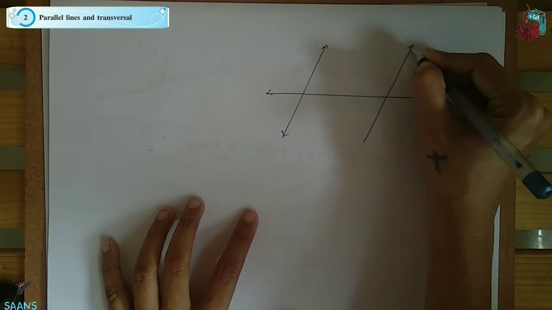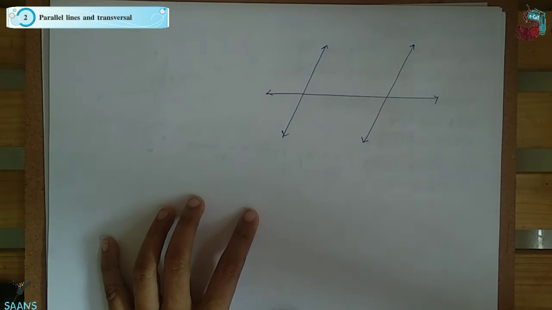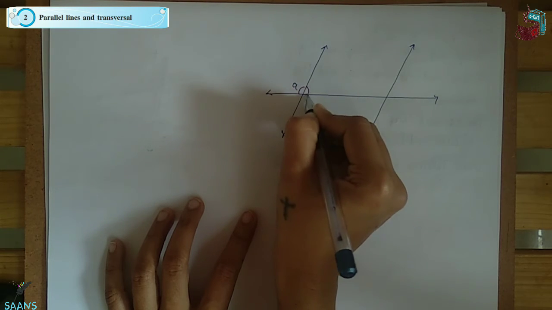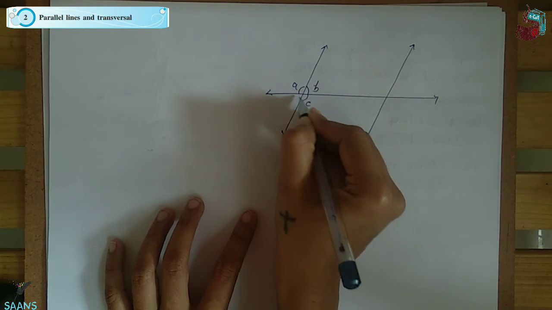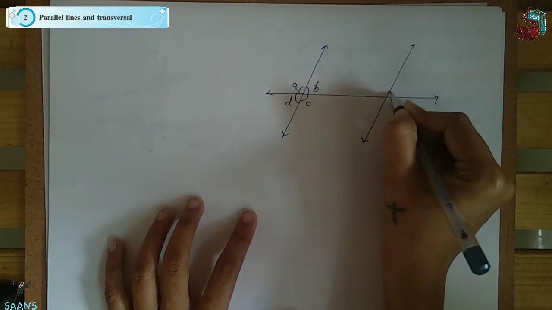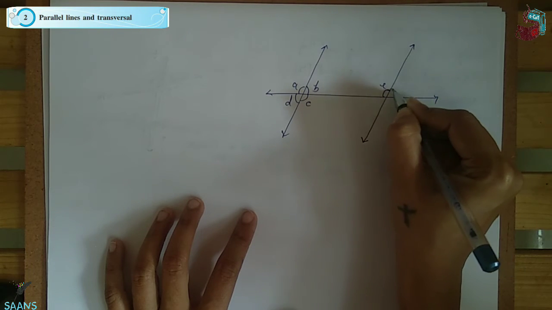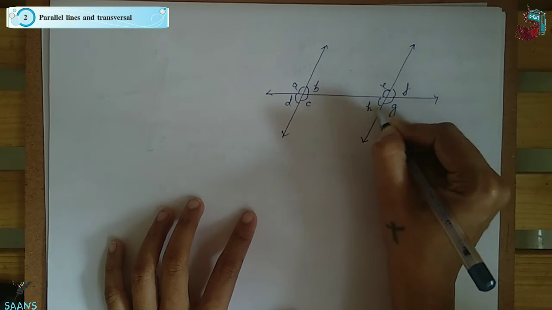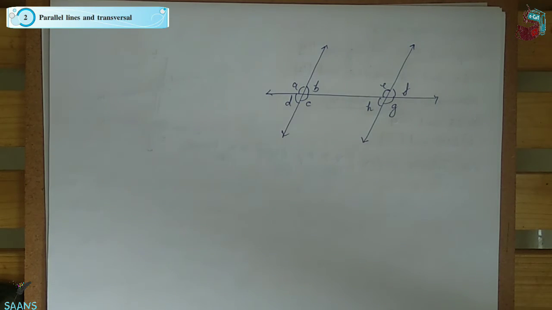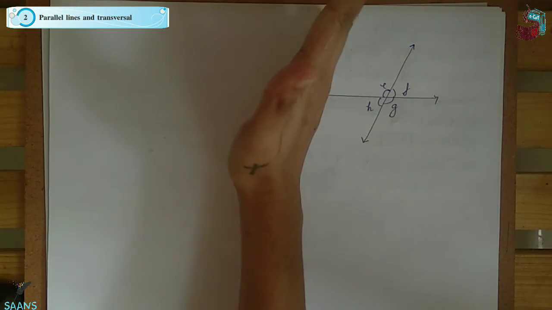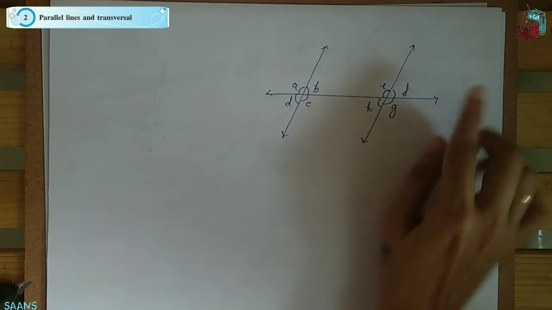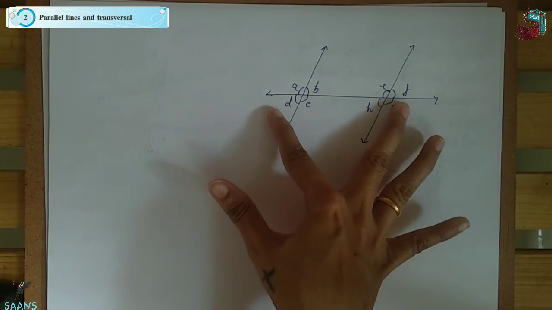We have to do for this particular figure. Now we have A, B, C, D, we have E, F, G, H. Now see, this is parallel to this. This is the transversal. Now this is parallel to this, this is the transversal.